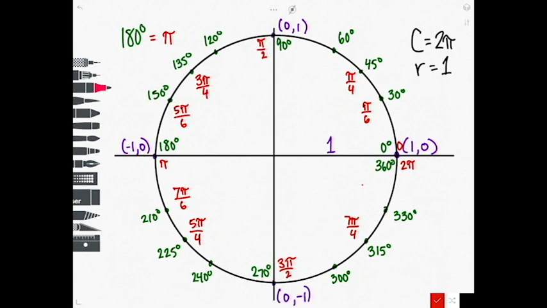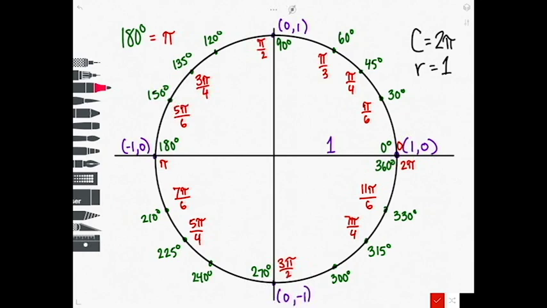And all the way over here on the other side at 330 degrees, I'm at 11 pi over 6. So all those ones are over 6. If you see something over 6, it means we're somewhere near that horizontal, either just above or below. If you see over 4, it means we're at one of those halfway, 45-degree points in the quadrant.